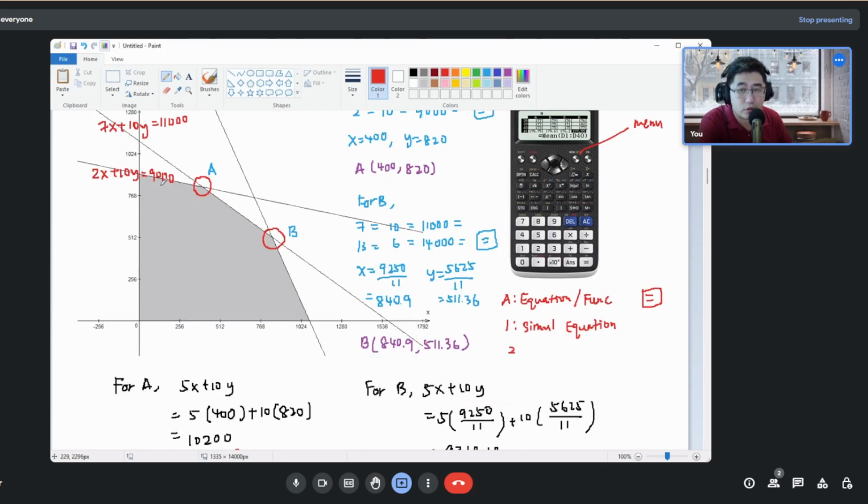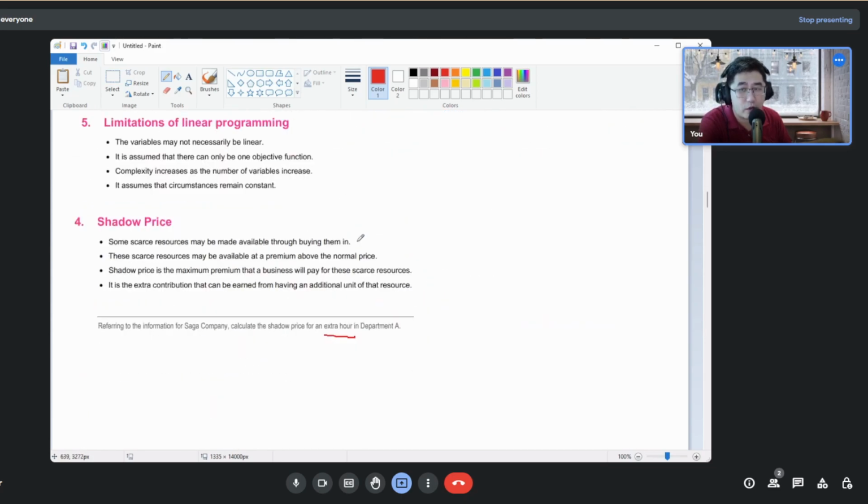How is it going to affect your solutions, your maximum objective function?